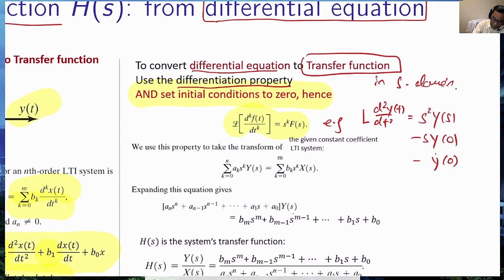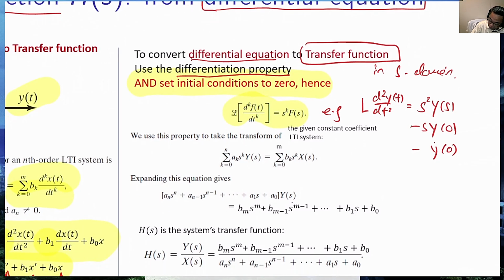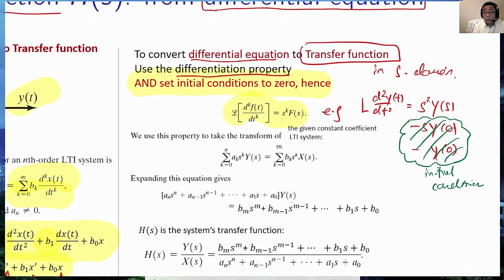Now these two terms are the initial conditions, and if we are given these values, we are not even going to use them. We ignore them, we set them to 0 when we are looking for the transfer function. This is important. Of course, if we are not looking for the transfer function and are solving the differential equation, then we must include the initial conditions. In solving for the transfer function, we must ignore the initial conditions.